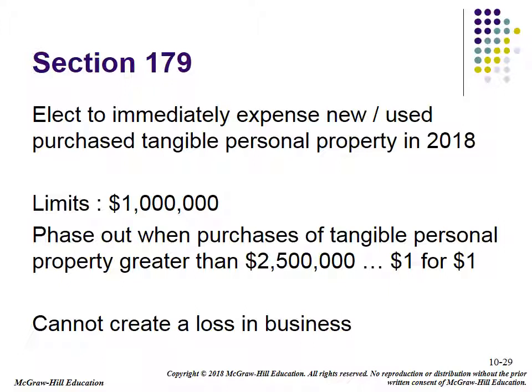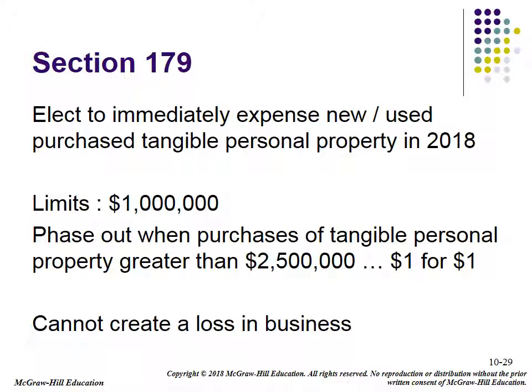So if you go to page 10-18, let's find one for you here. Bottom of the page. Example 10-12. Let's assume during 2018, Teton placed into service $2,400,000 in machinery, $920,000 in computers, and an $80,000 delivery truck for a total of $3,400,000 in personal property for the year.